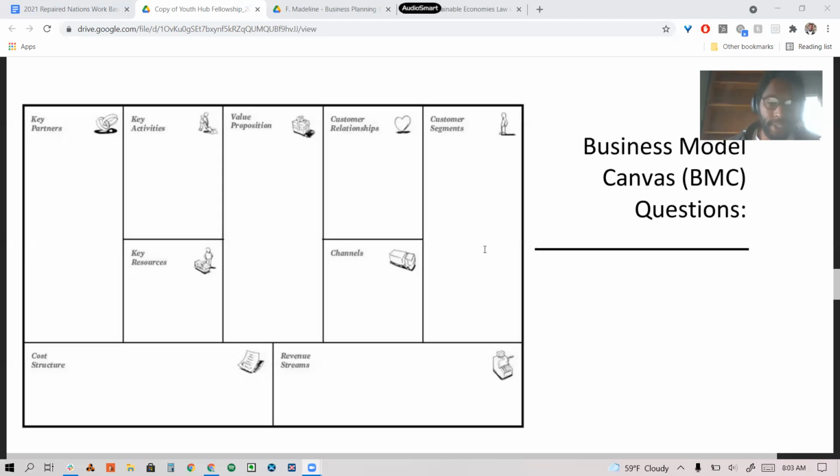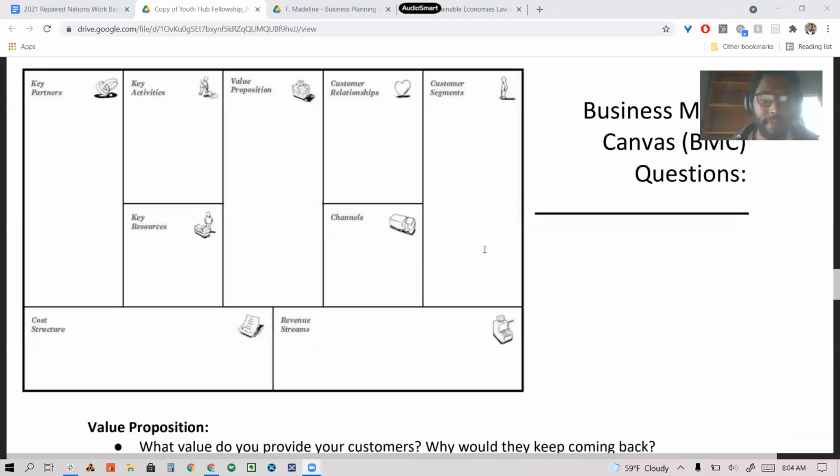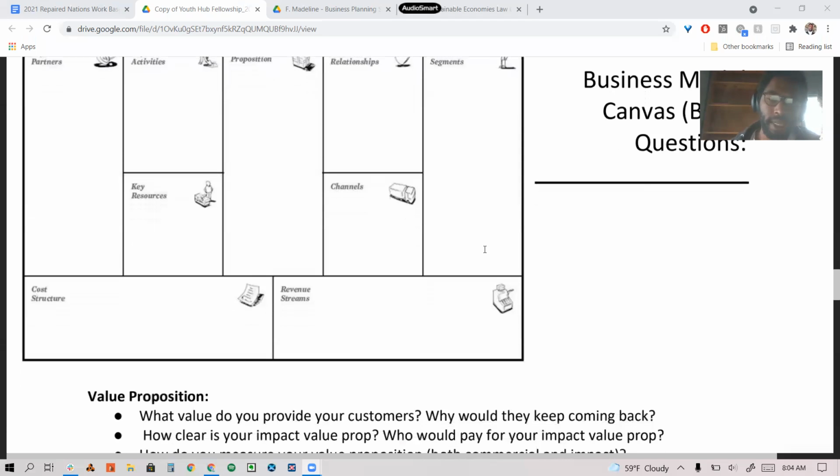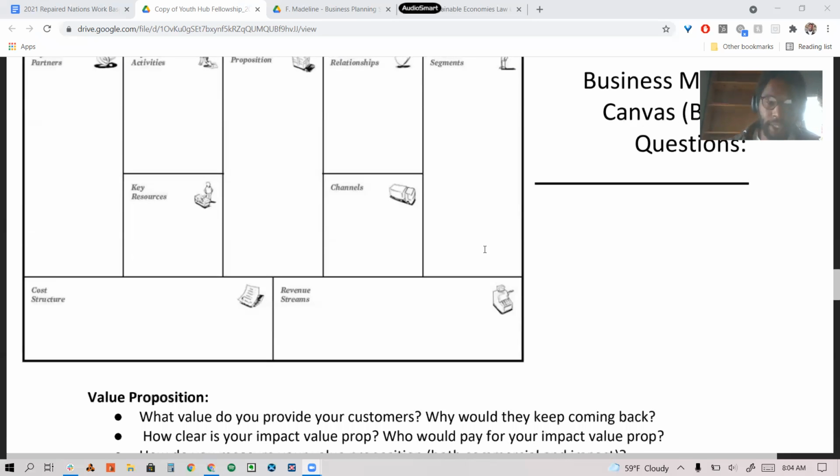These nine sections essentially map out the high-level important stuff you need to have down for your cooperative business. We'll read through the questions it prompts you to think about, and if there are any questions or comments, you're always welcome to unmute and bring that into the talk.